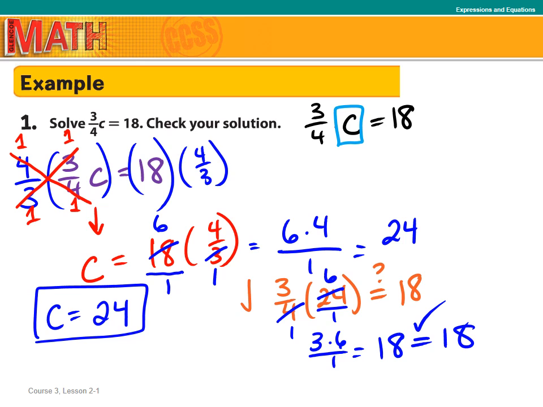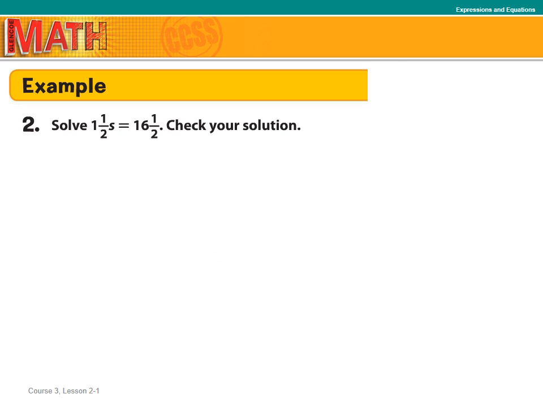you are 100% correct. Our next example, solve 1 1/2 times s equal to 16 and 1/2. And we're going to check our solution. So what I'm going to start off with this 1 1/2 times s, I'm going to change my fractions into improper fractions. And the way I do that is multiply the denominator, which is 2, times my whole number, which is 1, and add the numerator.